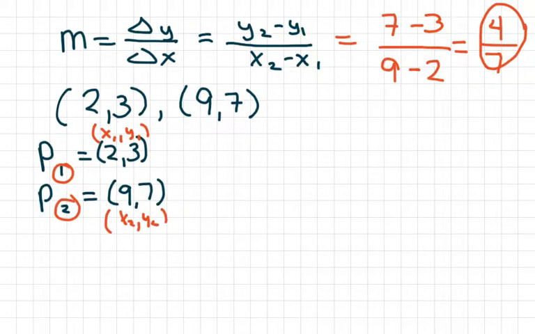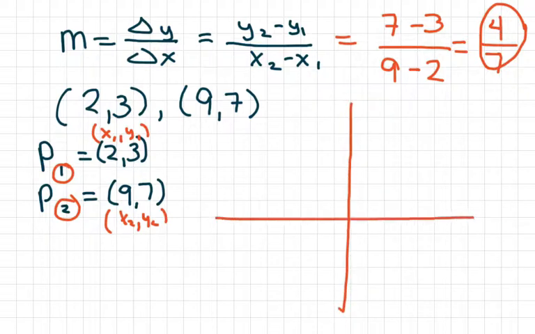Okay? Now, if I were to graph this quickly, let's see if I can graph it. I'm going to plot the points 2, 3, and 9, 7. So I'm going to go 2, 3, 4. All the way here. That's 9 up to 7. 3, 4, 5, 6, 7.